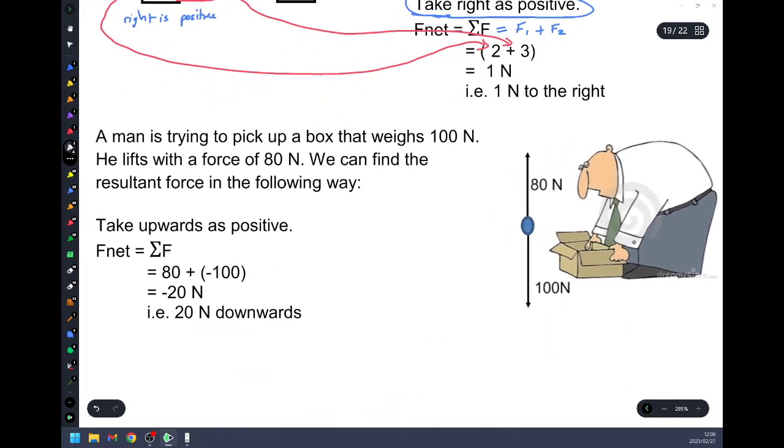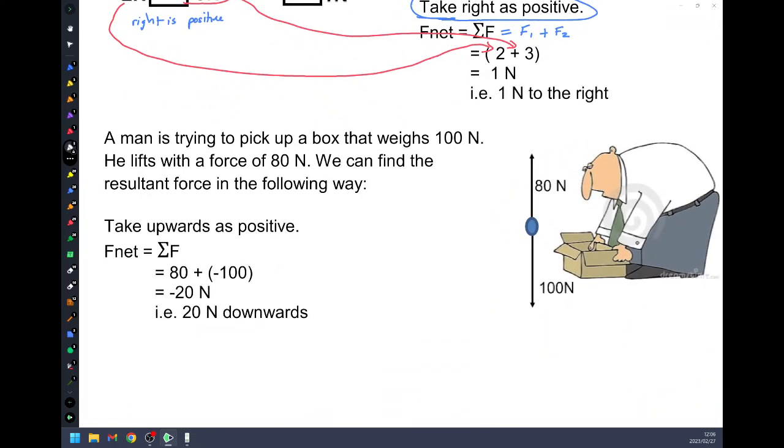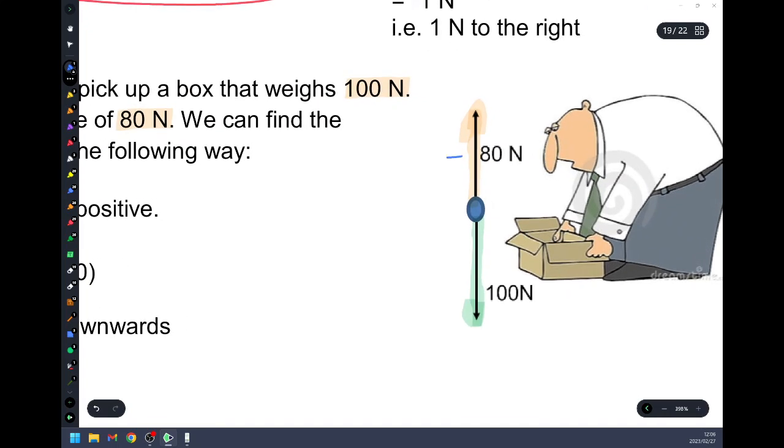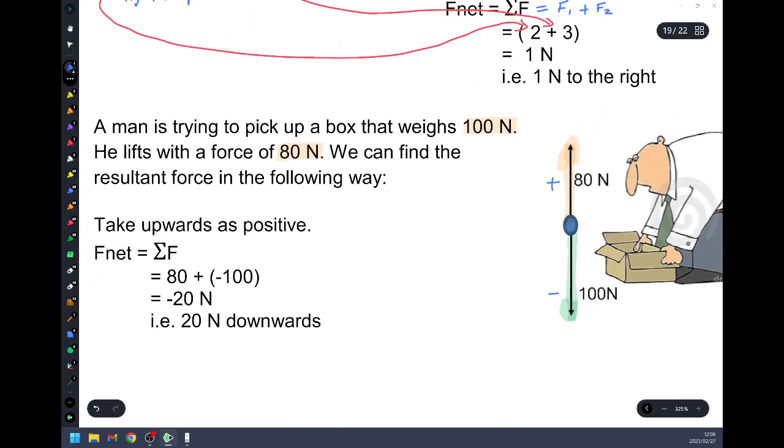Here we've got an interesting one. So the man is trying to pick up a box that weighs 100 kilograms. So because the box weighs, 100 newtons, sorry. Box weighs 100 newtons, he is only able to apply an 80 Newton force up, and the box has 100 newtons down. So, according to our Cartesian plane ideas, we're going to define this as positive 80 newtons, and down is negative 100.